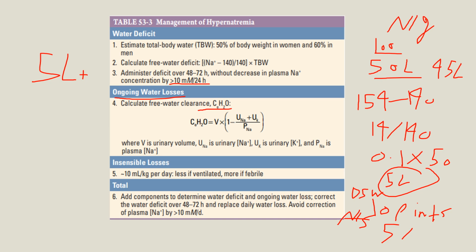To do that, we have to calculate the free water clearance, and in order to do that, we have to have the urinary volume. So let's say she excretes about 1 liter per day of urine, and then we calculate the urinary sodium, add that to the urinary potassium, divide it by the plasma sodium, and subtract it from 1.